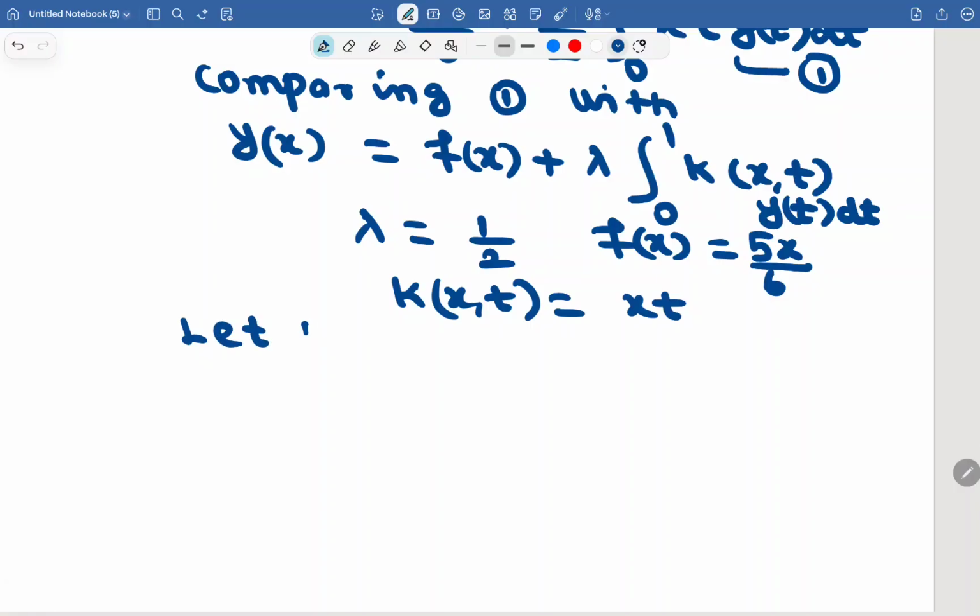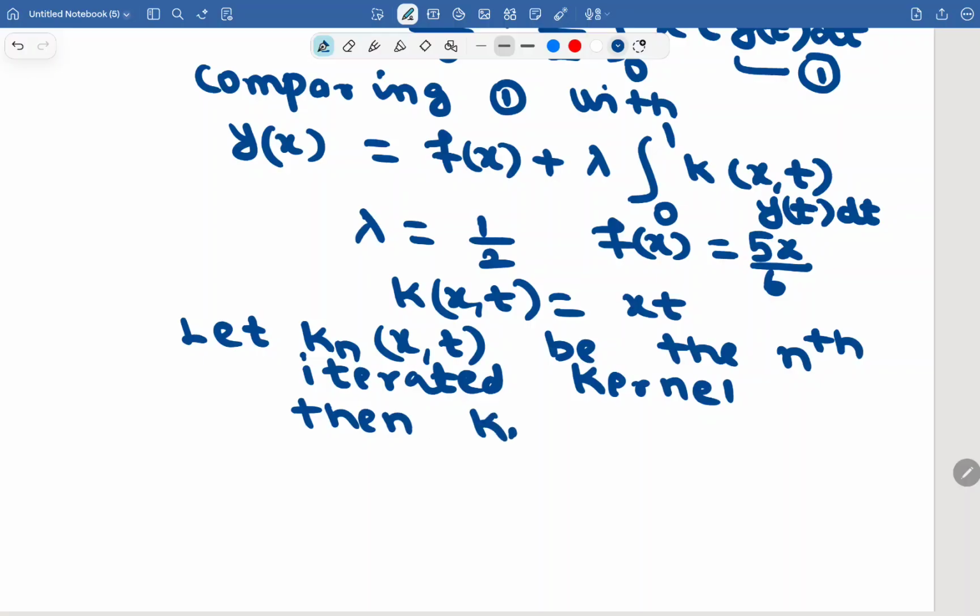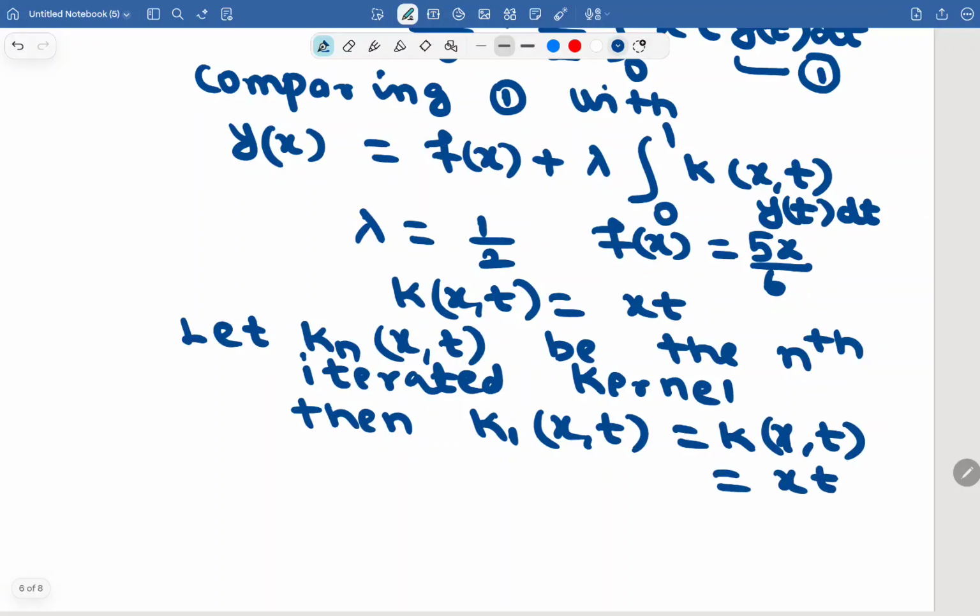Let k_n(x, t) be the nth iterated kernel, then k1(x, t) is k(x, t); here k(x, t) is xt.